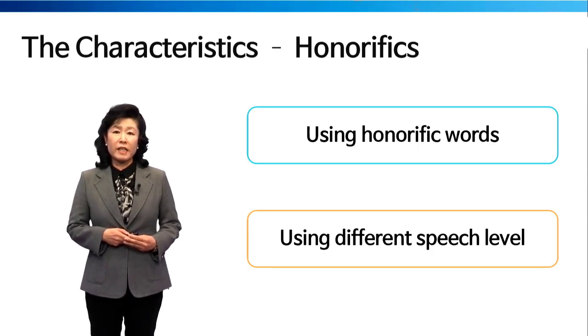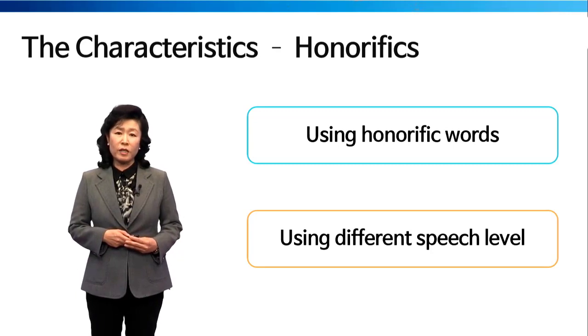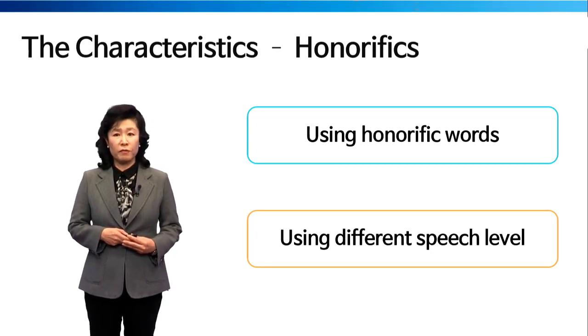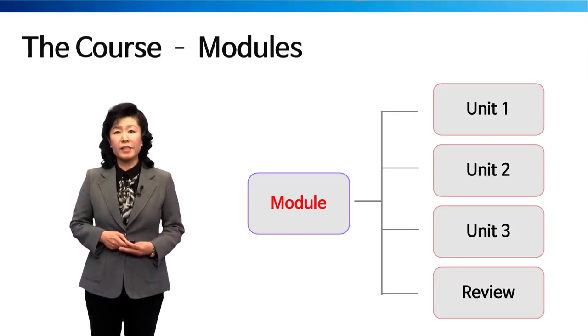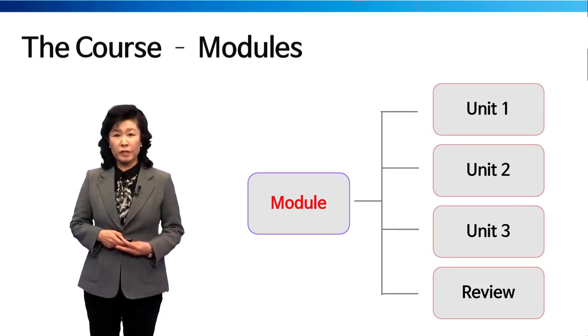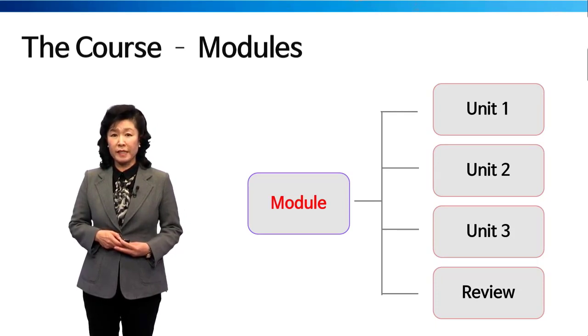Well, understanding such characteristics about the language will be beneficial before studying Korean. And regarding the structure of this course, it consists of 5 individual modules, and each module is made up of 4 units.